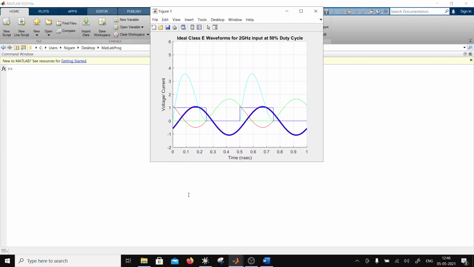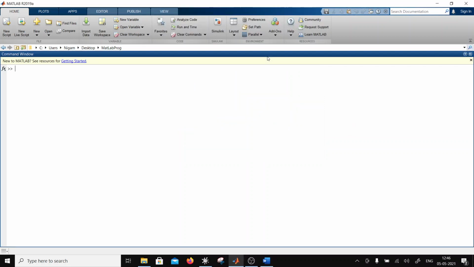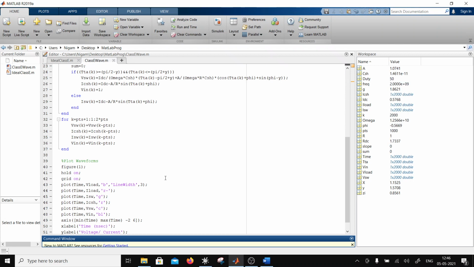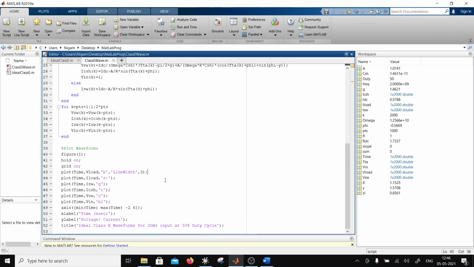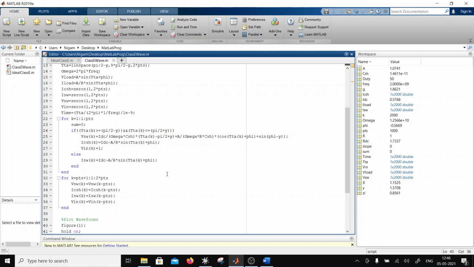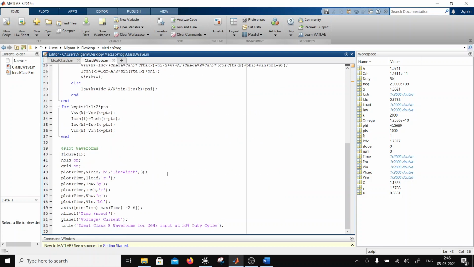Oh, it didn't change from magenta to red. Just one second, bear with me. What did I do here?